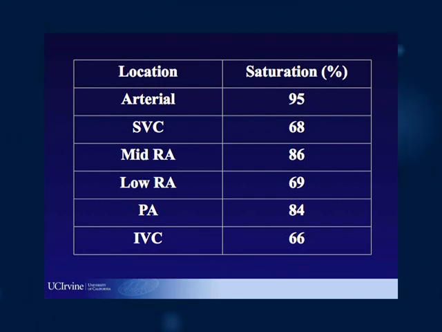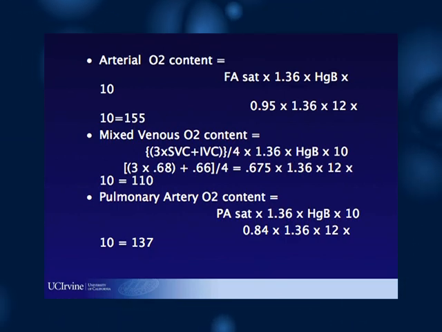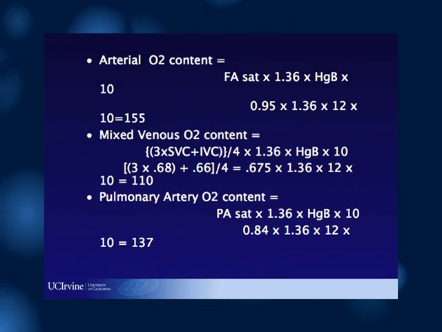Now, how can we use these in the calculations of our shunt value? Well, listed on the following slide, we see that the arterial oxygen content calculation yields a value of 155 milliliters.